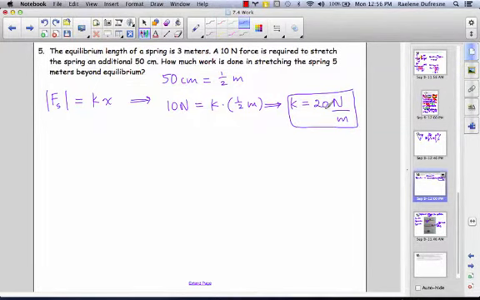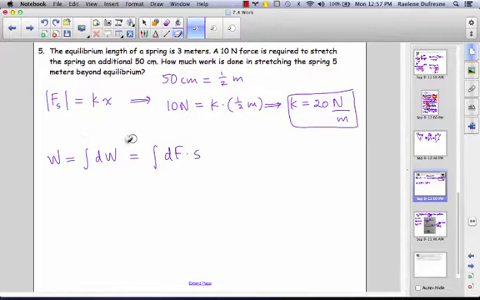Now, just like in the previous question, we had a constant for g, we had a constant for rho, and this spring constant is also a constant. So now we want to know how much work is done in stretching the spring 5 meters beyond equilibrium. Well, we're going to have work is equal to the integral of a little bit of work, which is either a little bit of force times displacement, because we have the displacement of the spring and the hand force in the same direction. We don't need the dot product. Or we could have a measurable amount of force times a little bit of displacement.